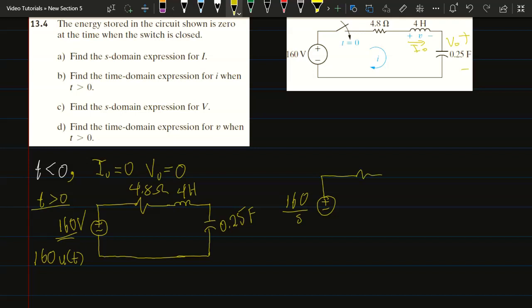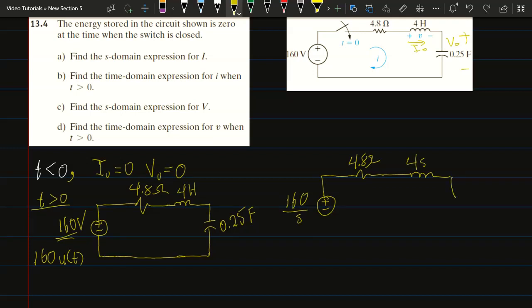And then R, as we agreed, will stay as it is. So this is the impedance of R, which is equal to 4.8. And for the inductor, the impedance should be LS, and L in this case is 4, so this is 4S.